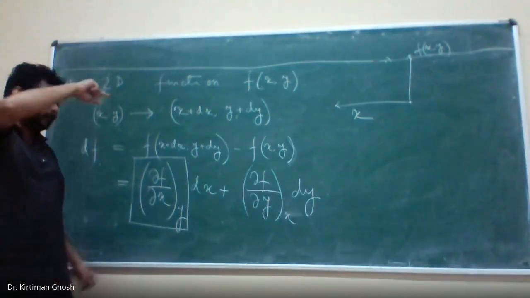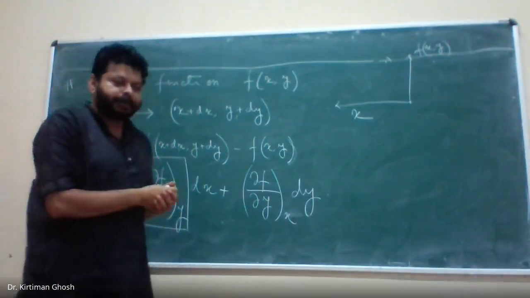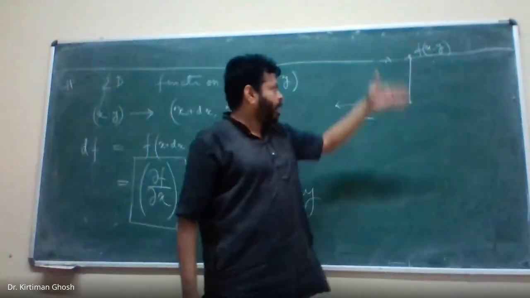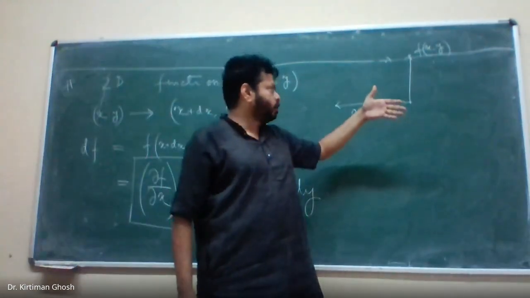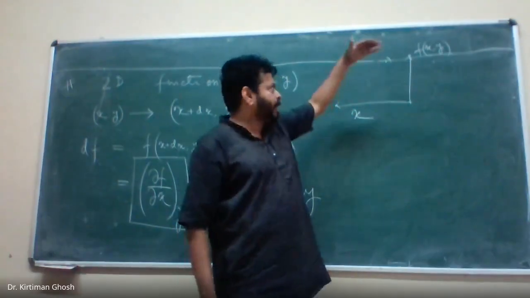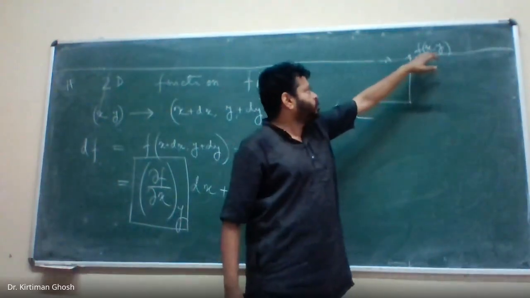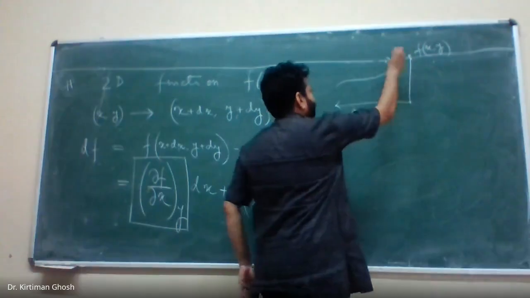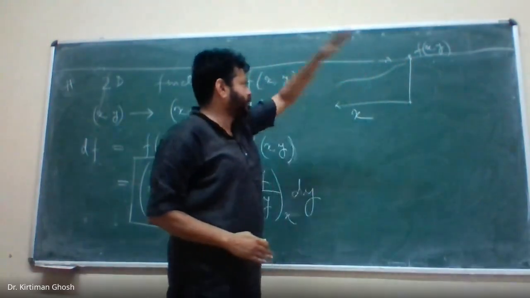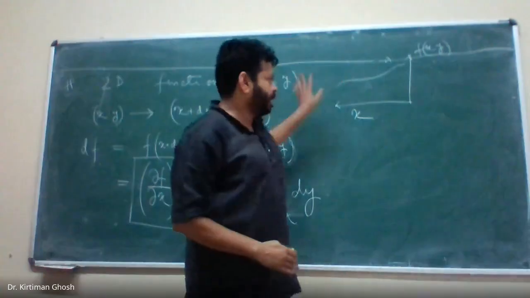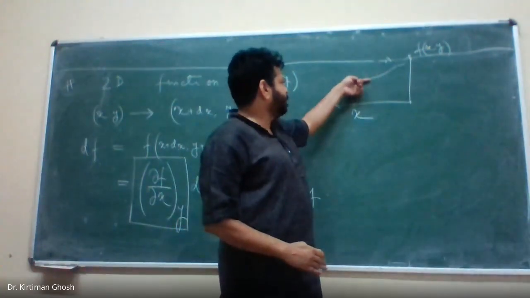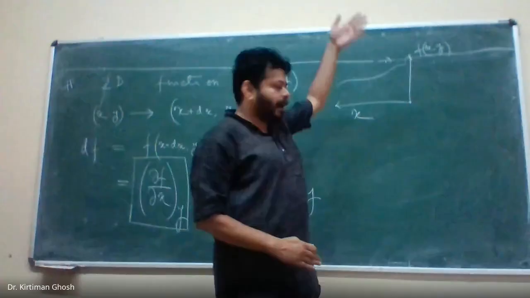Geometrically, you can visualize the picture in this way. You take a plane which is parallel to this plane, which is your y equal to some constant plane. Now that plane will cut this f(x, y) surface, which is coming out of the plane of the board, at a curve.